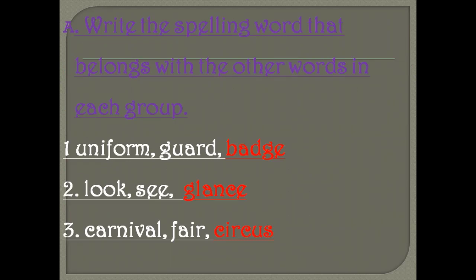Now starting from part A, write the spelling word that belongs with the other words in each group. So the words in red color are the answers, taken from the above 20 words with soft G or soft C.